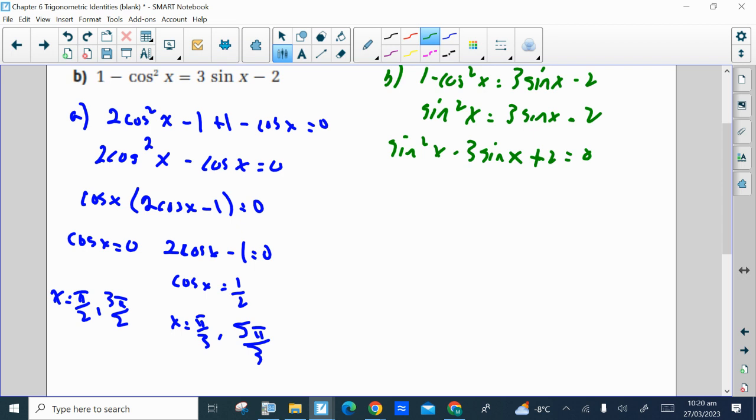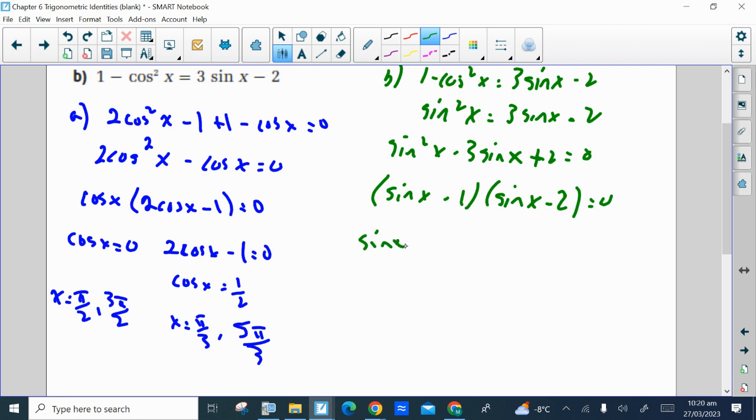So there's our quadratic equation. Now we're going to solve, and we'll solve it by factoring. The factors will be sine x minus 1 and sine x minus 2. Negative 1 times negative 2 will give you the plus 2, and when you add negative 1 and negative 2 together, you get negative 3, which is that middle term coefficient.